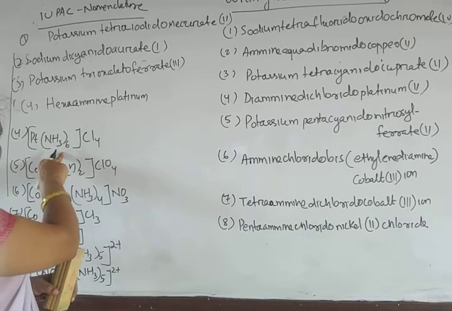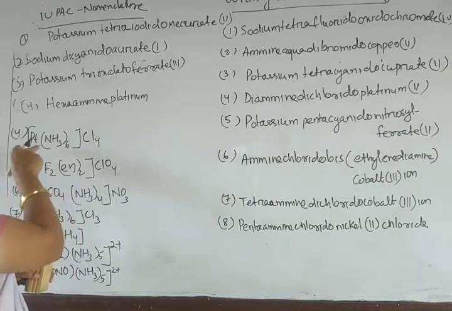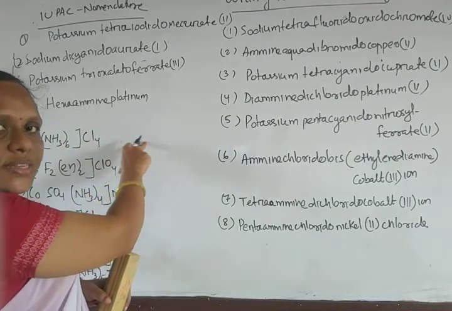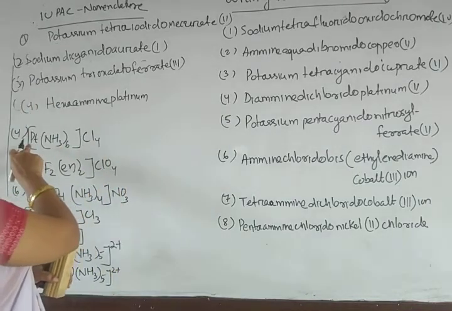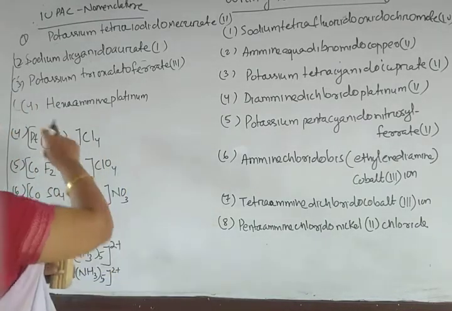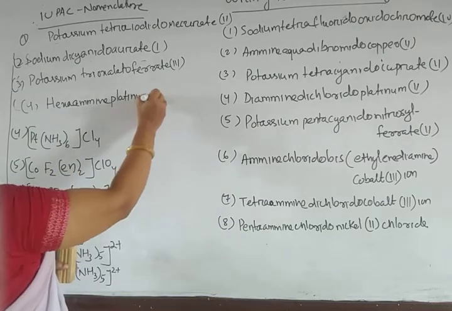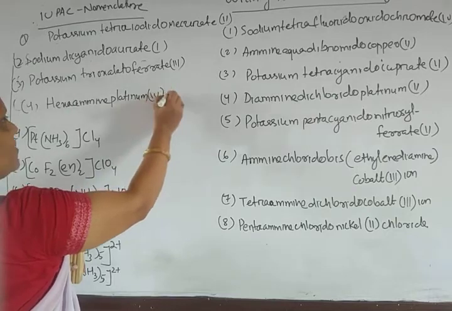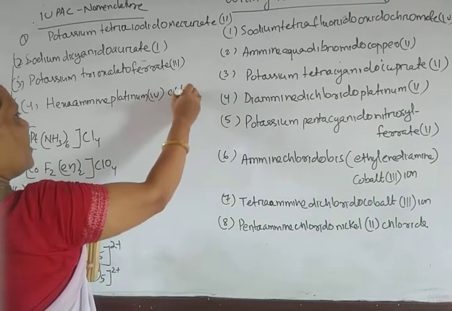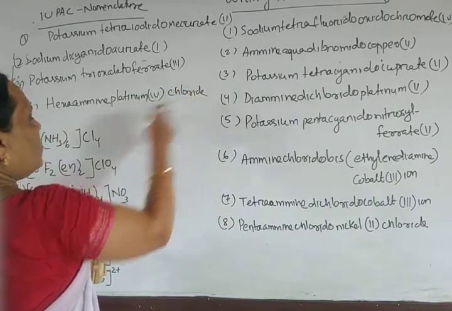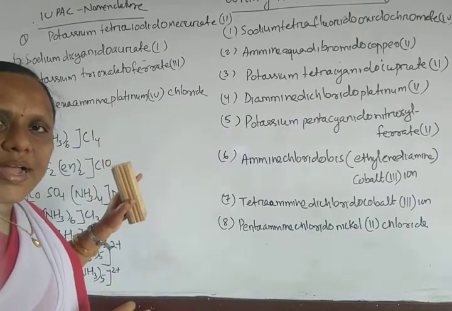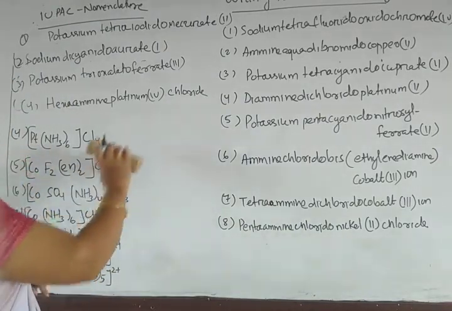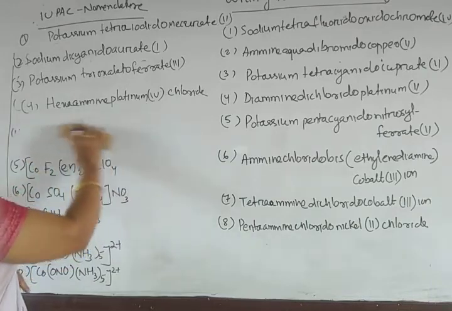Ammonia is a neutral ligand, so X plus 6 into 0 plus 4 into -1, all total equals 0. In this way X equals +4. So hexaammineplatinum(IV), then give a little space, then chloride. No need to write tetrachloride. Okay, next come to question number 5.